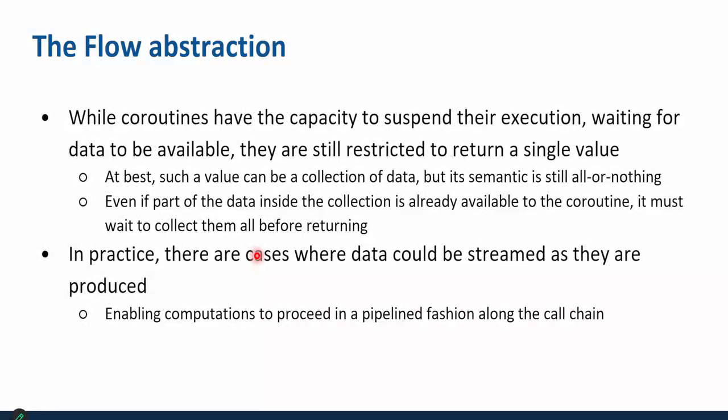When may we need a flow? Let me lay down some opportunities and when they will be useful. For instance, when you have to create buffers from a data stream which arrives from the web.